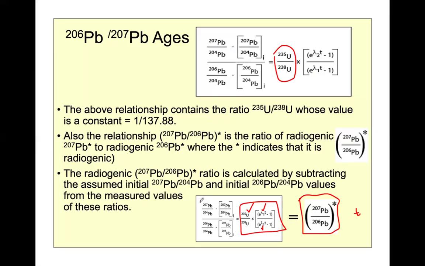But of course, we don't know some values. For example, the real values for this entire thing. So therefore, what we are going to do is we try to make a graphical representation of this equation.